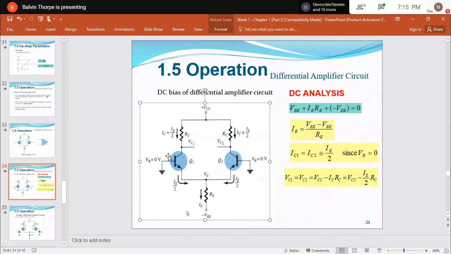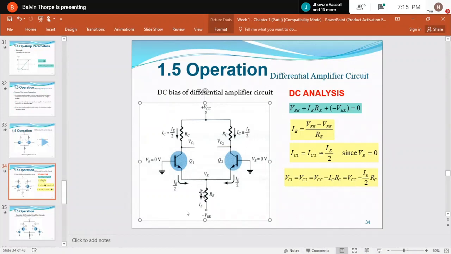If you apply a voltage here, that voltage is amplified and inverted here. But if you apply a voltage here, at the emitter, the voltage is amplified but not inverted. Because remember, IC and IE are approximately equal, right? But they're opposite in terms of phase.